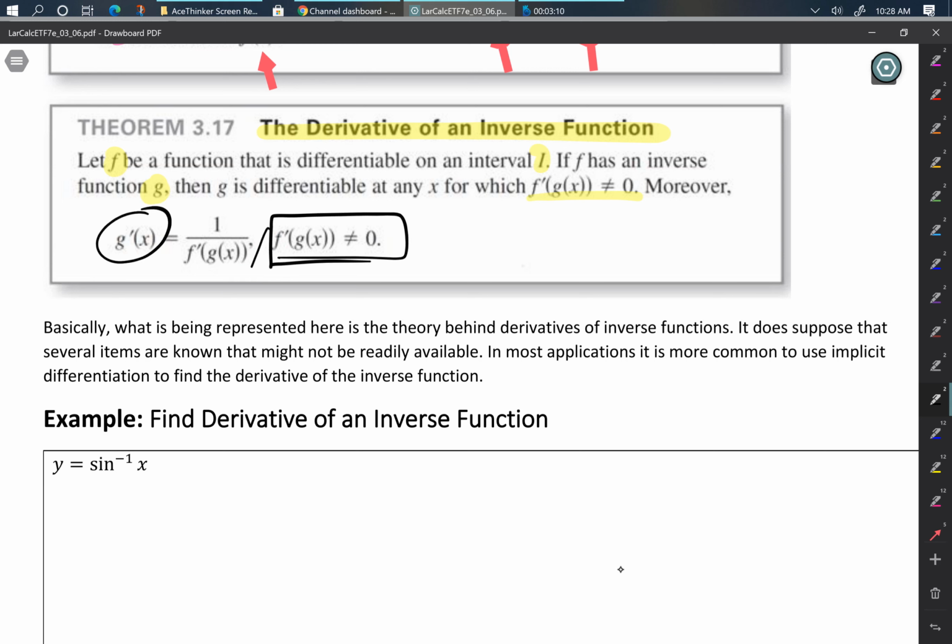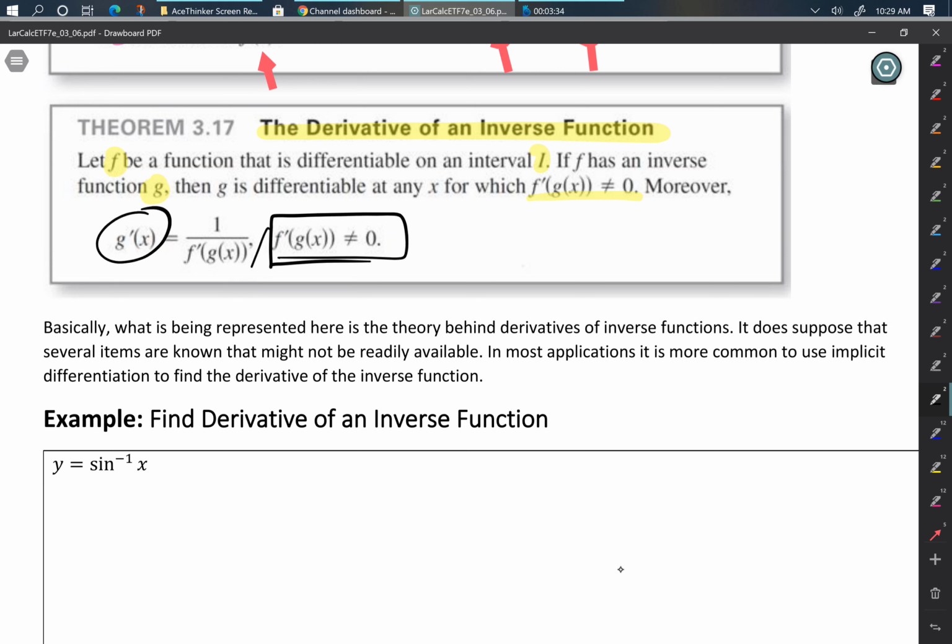All right, so basically what this represents is the theory behind derivatives of inverse functions. It does suppose, though, that a lot of items are known or readily available that you might not have access to. For example, it assumes that you know f, you know g, and you can easily take the derivative of f, which isn't always the case.